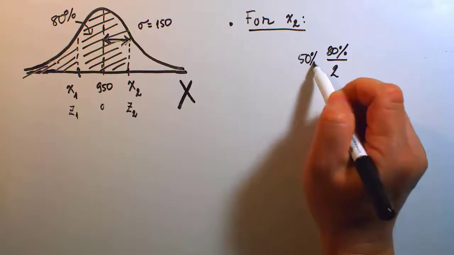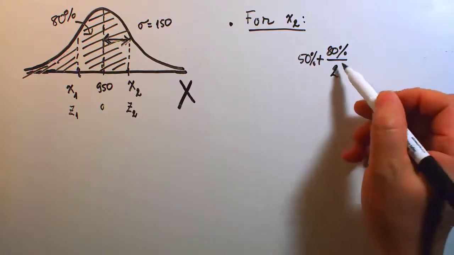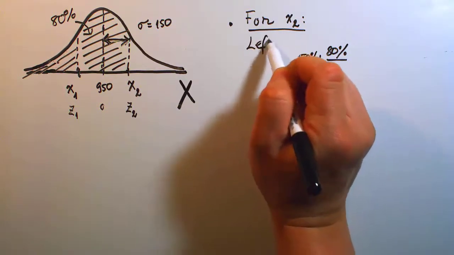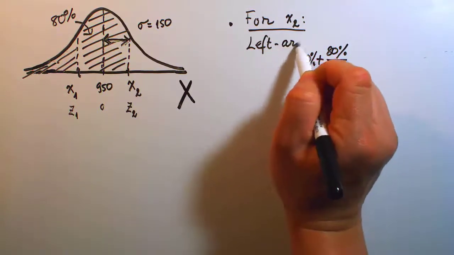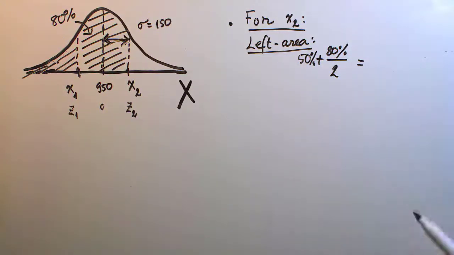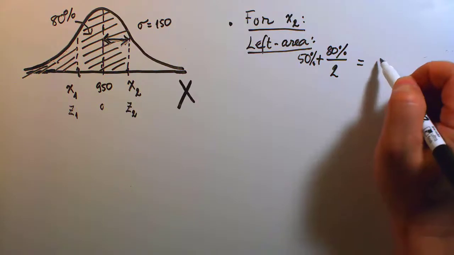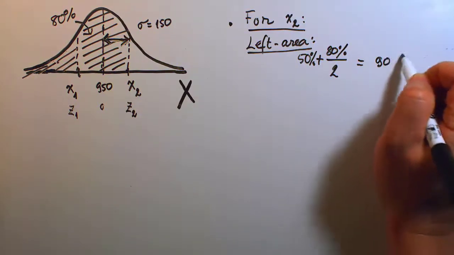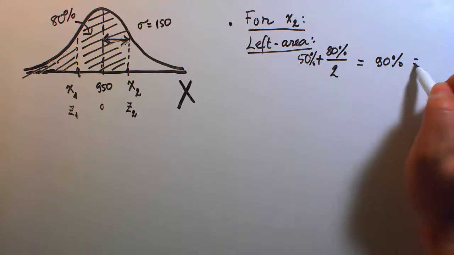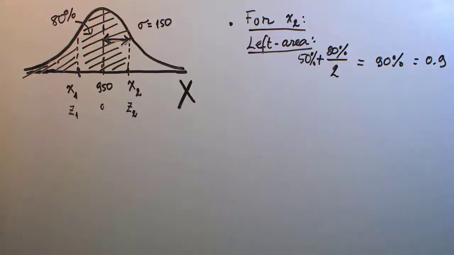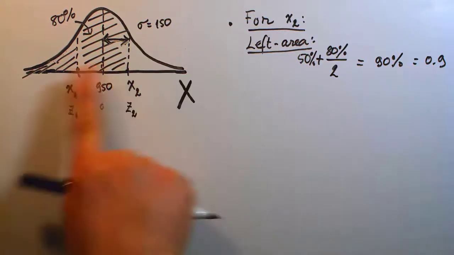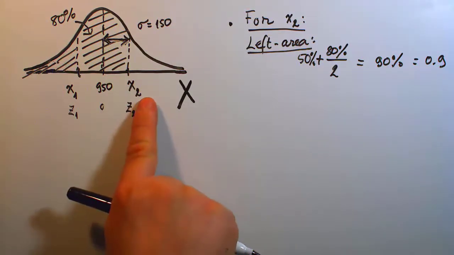So now 50% added with 80%/2, and we once again call all that amount of area accumulated there the left area. And so in this case, calculation comes out to be 90%, or in decimal, the more preferred form, 0.9. Then this area is shaded to the left-hand side of x2.